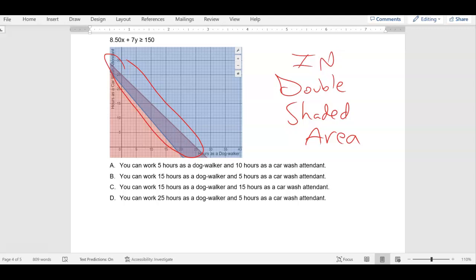Hours as a dog walker: 5 and 10, no. 15, 5, no. 15, 15, no. And then 25, 5, no. B is the only place in the double shaded area. All right, that's it. Make sure you're ready for that test tomorrow.